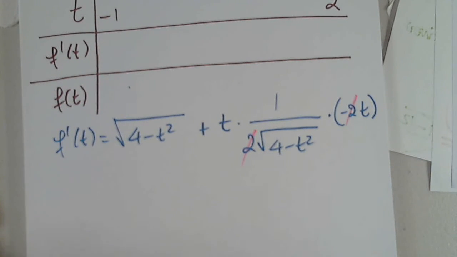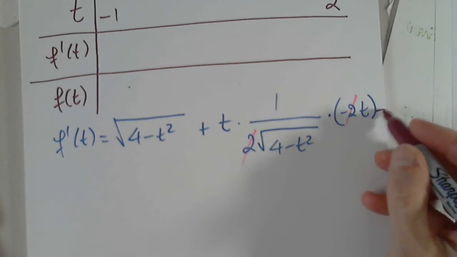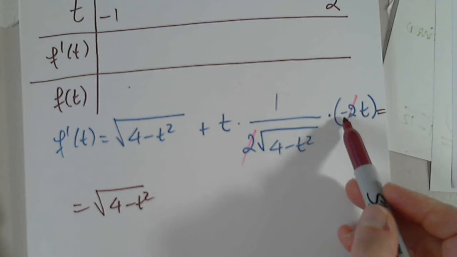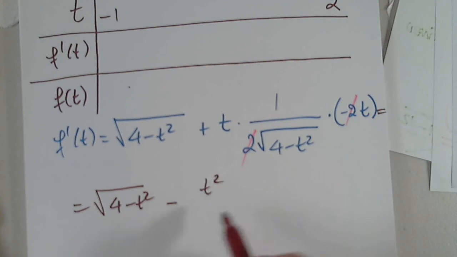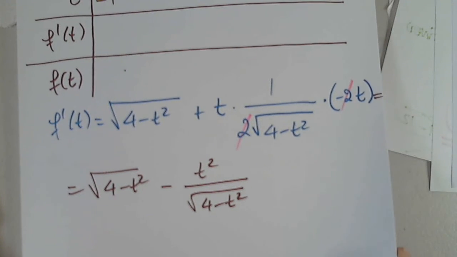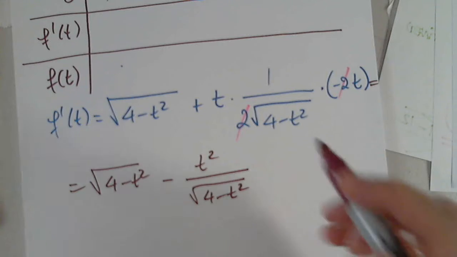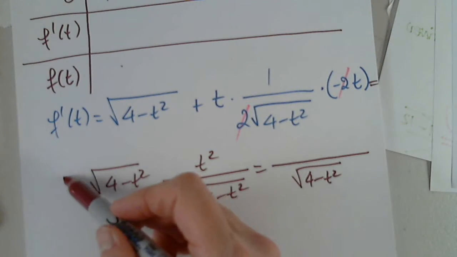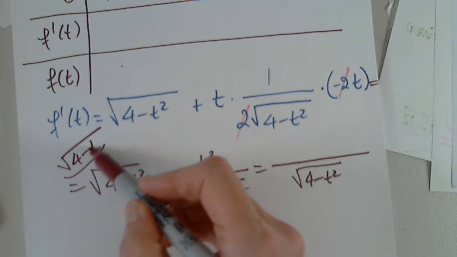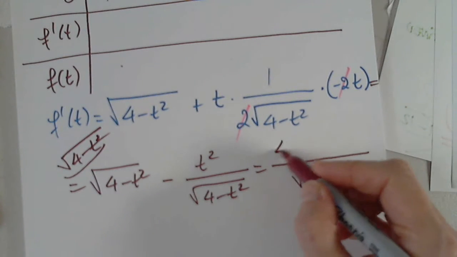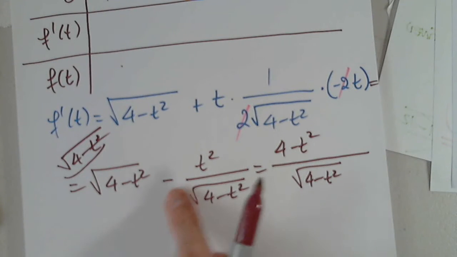I will find the least common denominator, but let me rewrite it first. So the square root of 4 minus t squared, careful there is a minus here, minus t squared over the square root of 4 minus t squared. And there is only one denominator, so obviously it's very clear, but this needs to be multiplied by it because its initial denominator was 1. So when I multiply them, I get a very nice answer, and then minus t squared.